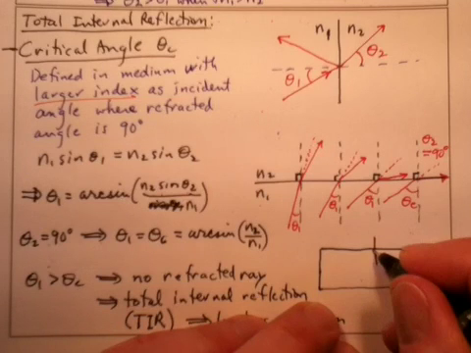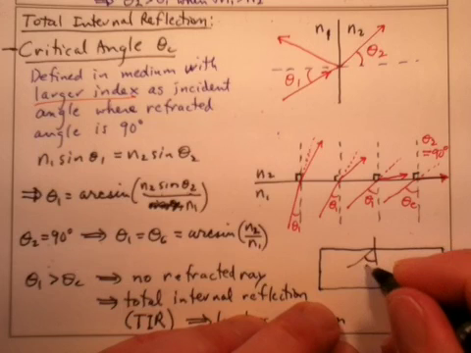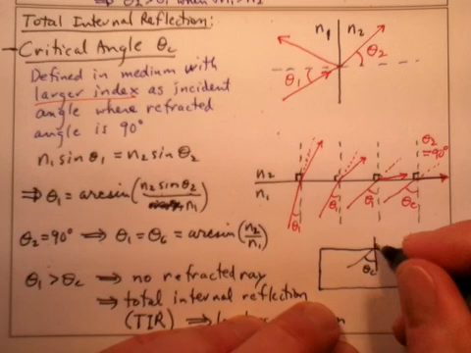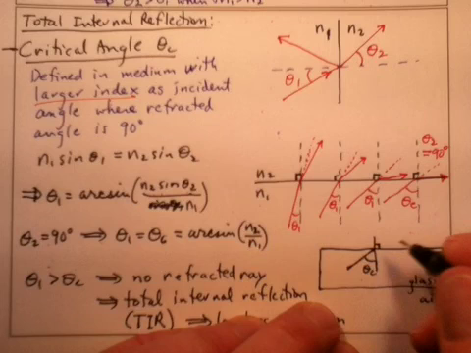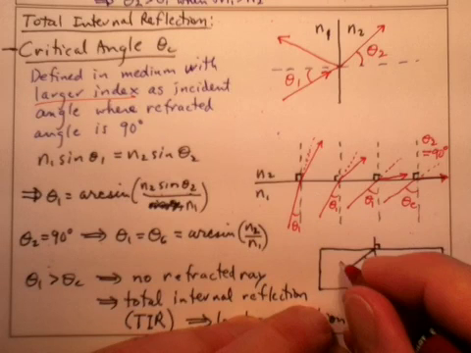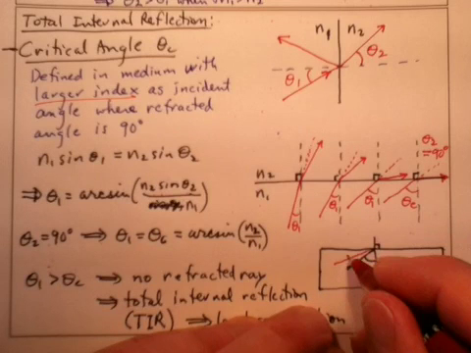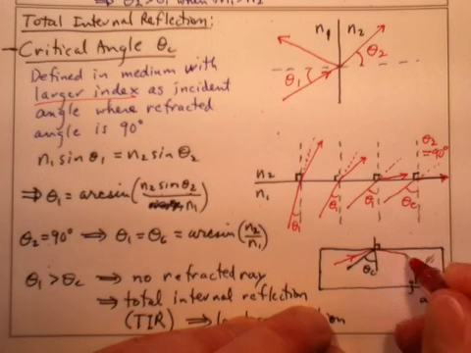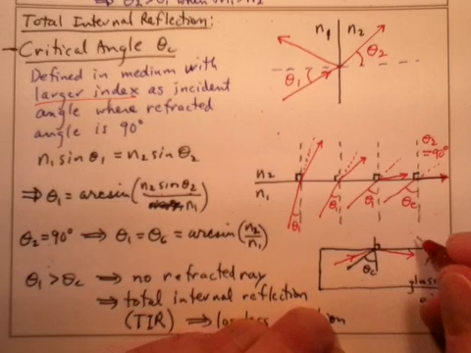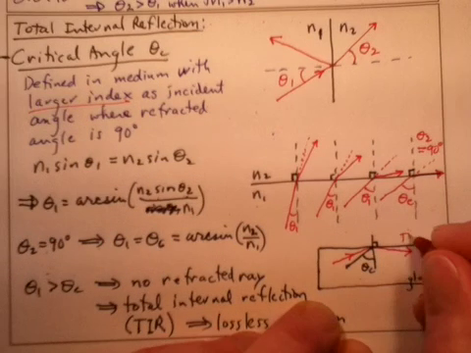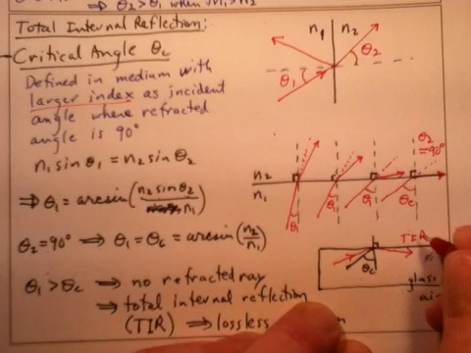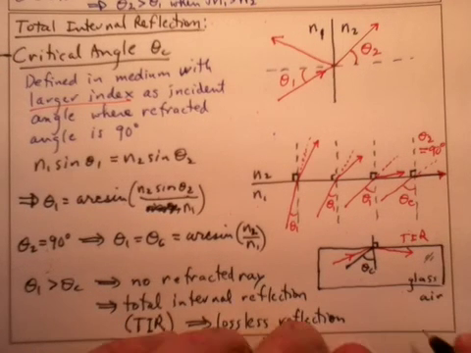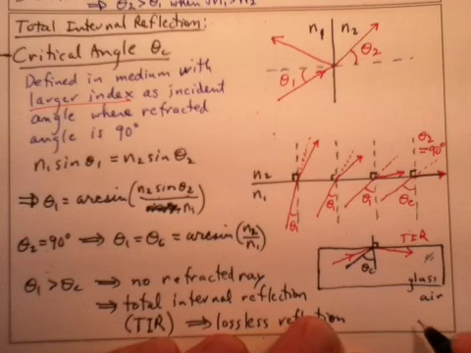If this is my critical angle, again measured from the normal, then rays that hit with an incident angle larger than that, that is glancing rays, will undergo TIR, total internal reflection.